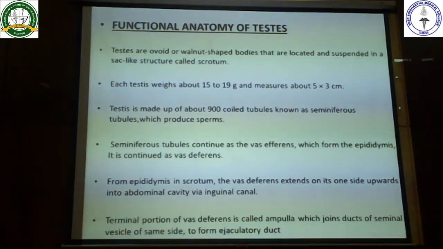From there arise around 6 to 8 vasa efferentia, and these join to form the epididymis, which continues from the head to the body and then the tail of the epididymis, which continues as the vas deferens, and it ascends upwards and enters the abdominal cavity via the inguinal canal.